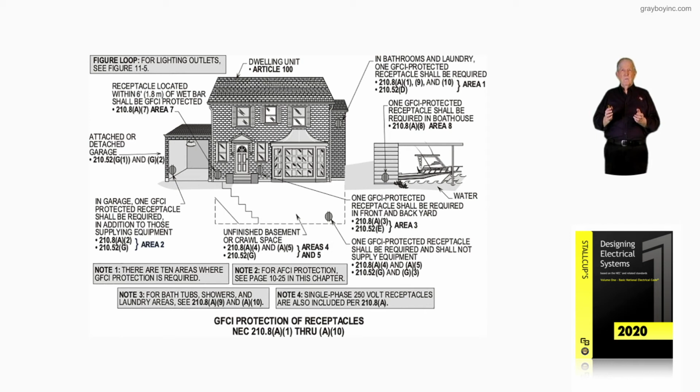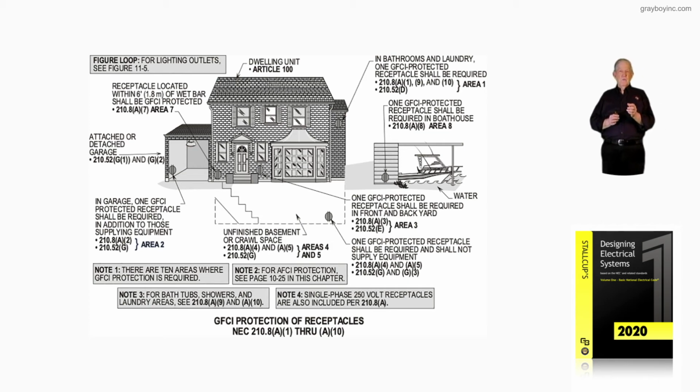Now, below it, we pick up a GFCI protected circuit that's in the basement, an unfinished basement that you see there. Then we would need a GFCI protected circuit there. Unfinished or crawl space, same thing, and that's 210.8(A)(4) and (A)(5), in accordance with 210.52(G) in gray, and notice those are areas 4 and 5.